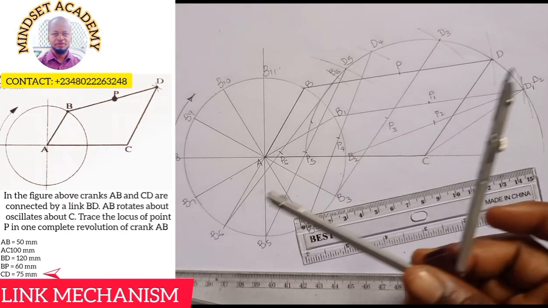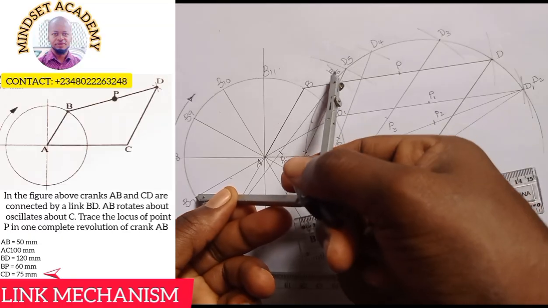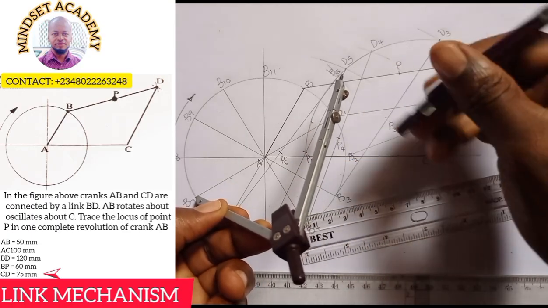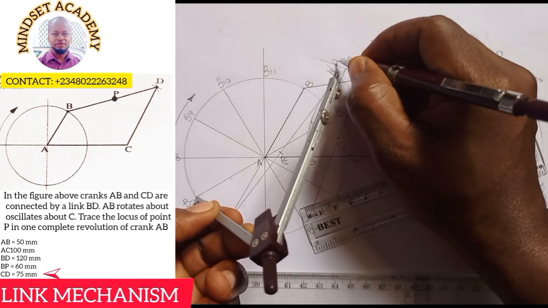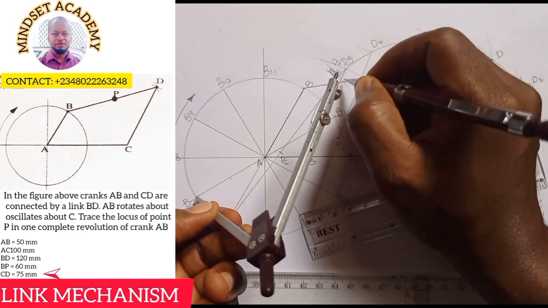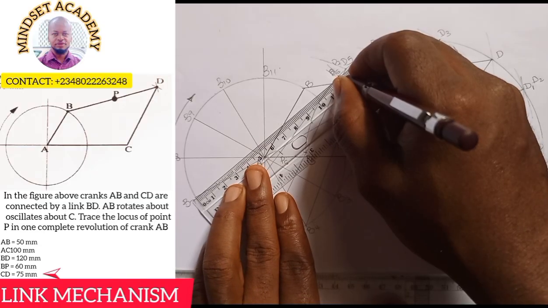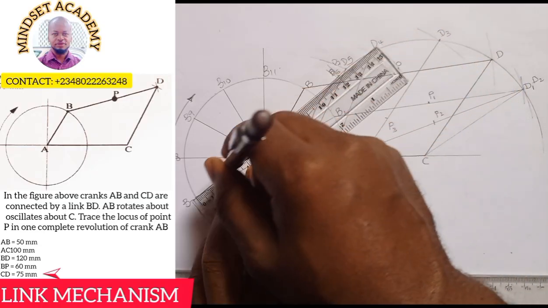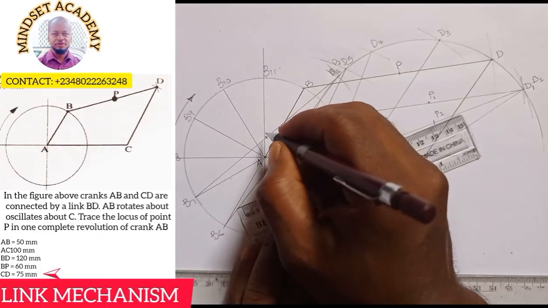Similarly, I'll come from B7, I'll strike here, and the same point is hitting here to get D7. Remember this D6 to get D7 from this point. Half of it is 60. That is my P7.